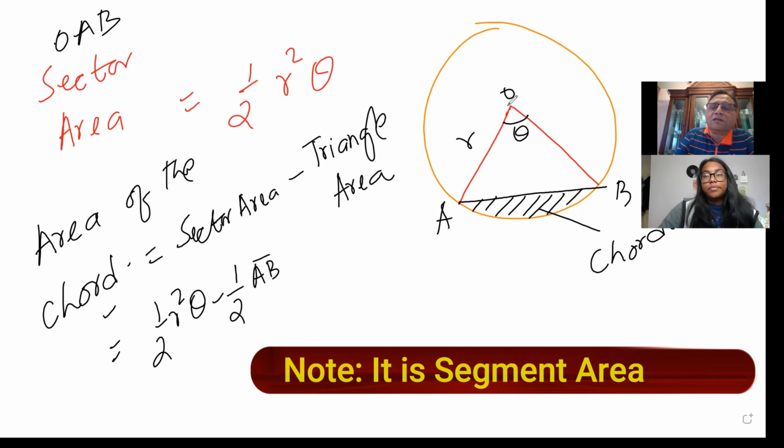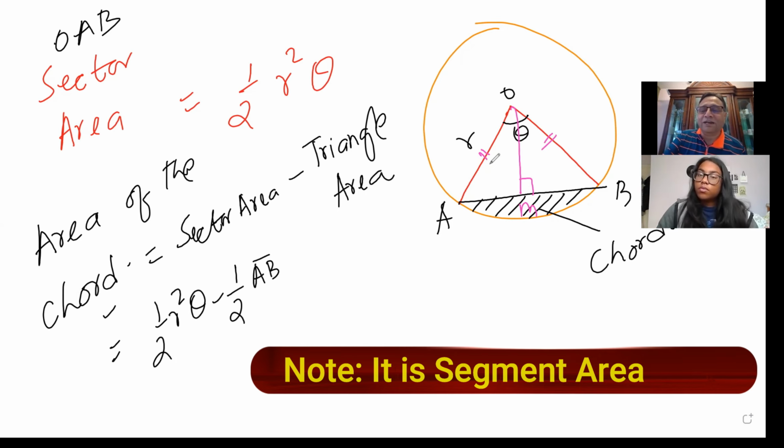Okay, so I'll draw a perpendicular here, right? Let's say this is the midpoint. It has to be the midpoint. Why? Because radius is radius. In an isosceles triangle, whenever you have an altitude, it will equally divide it, right? These are congruent triangles, correct?